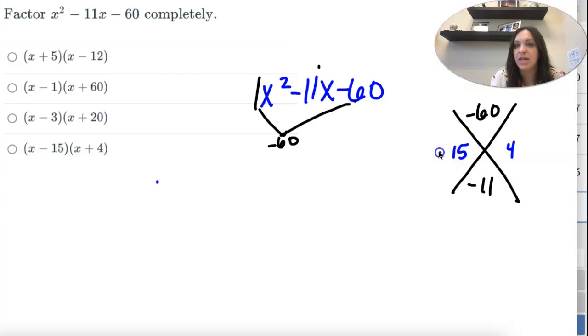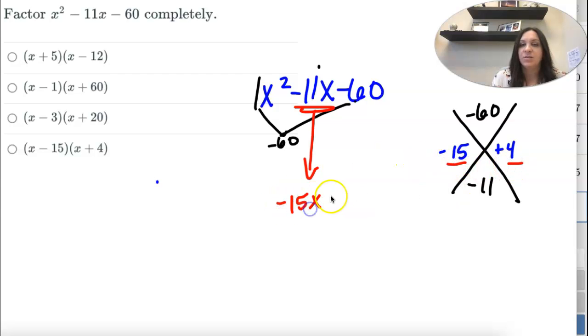So it's going to be negative 15 plus 4. Multiply, add. Okay, so let's rewrite the middle. Instead of negative 11, we're going to use these. Negative 15x plus 4x. And then we still have x squared and we still have negative 60.